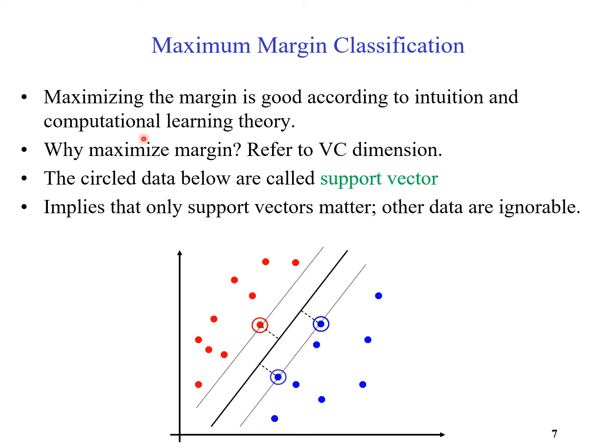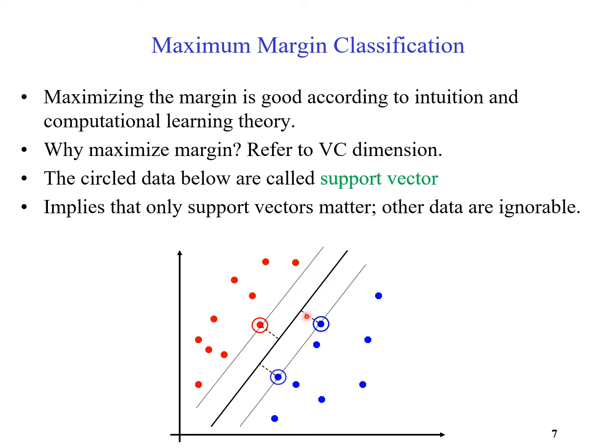So I said the SVM algorithm is looking for a line with a maximum margin. Then why does it look for maximum margin? Maximum margin is good based on our intuition. A line with maximum margin looks much better than a line with a narrow margin.